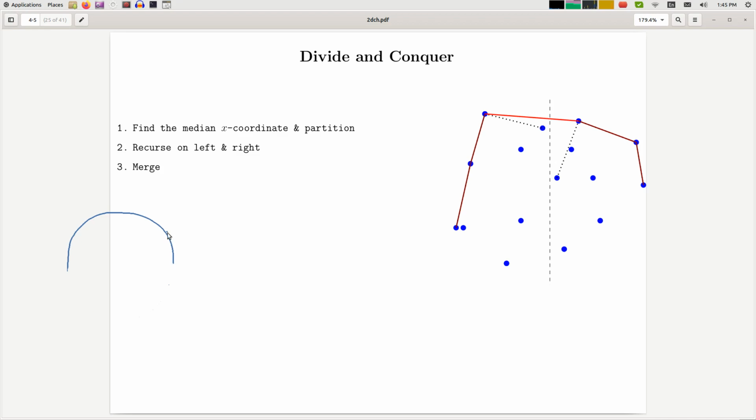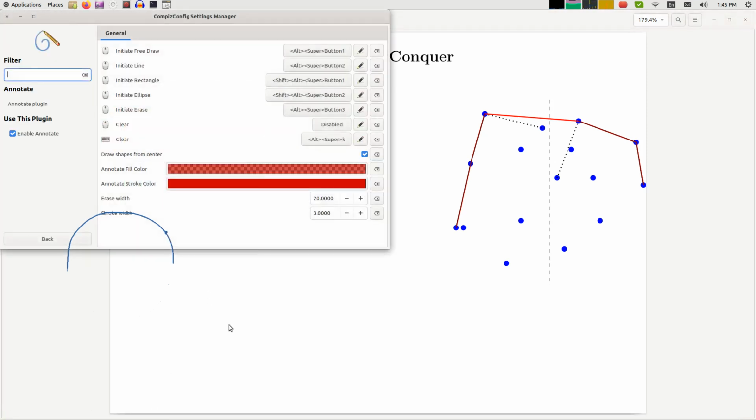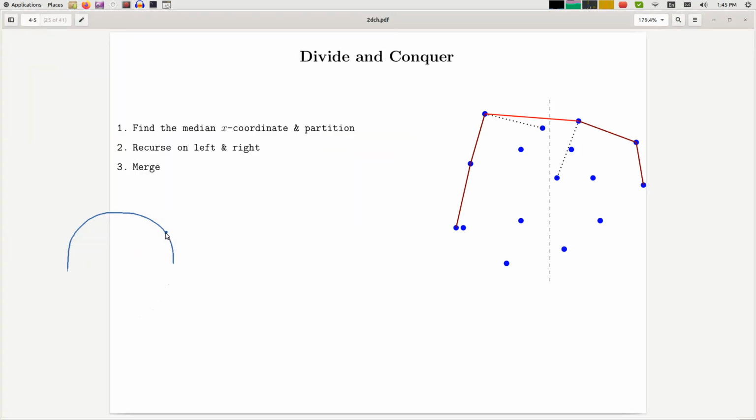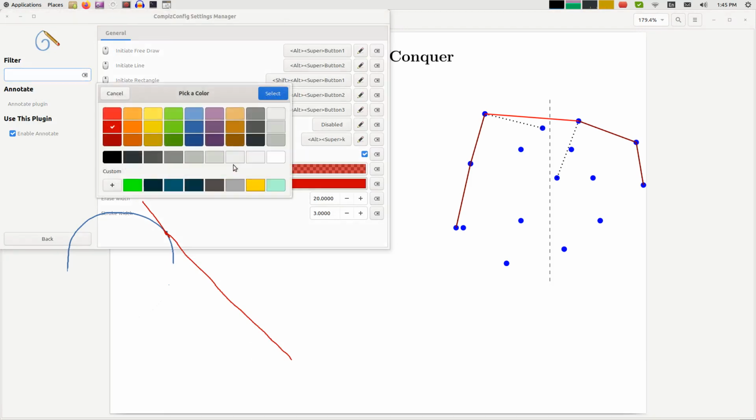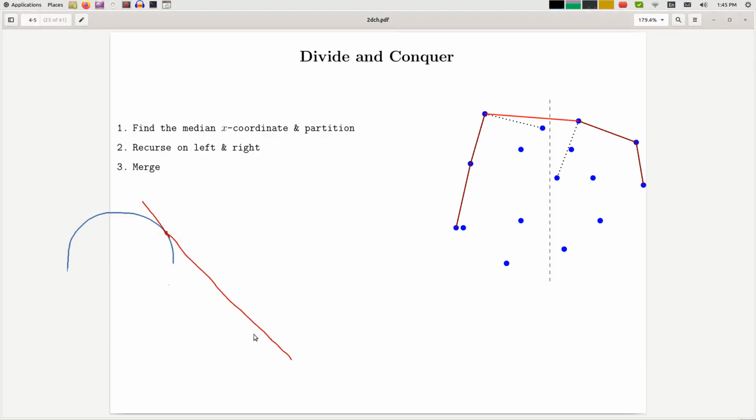And draw a line tangent to that point. Then you can create another upper hull that is tangent to this red line, and you have a common tangent between them. Like this.